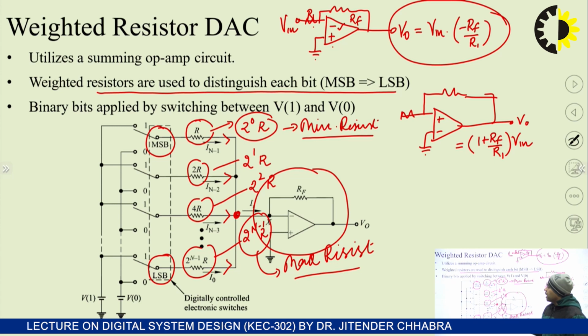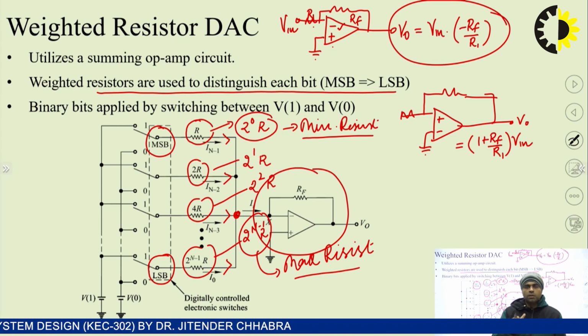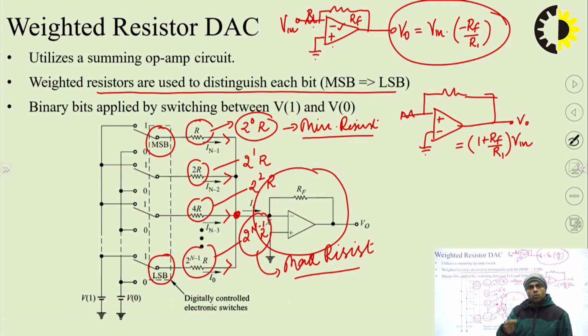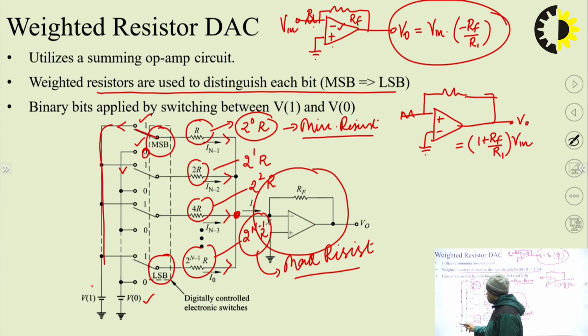So this is not a static resistance R1 in all the cases. This R1 changes its value as R, 2R, 4R, 8R, 16R and so on. These terminals are getting connected either to 1 or 0. For 0, this is connected to V0, the voltage corresponding to binary 0, and this is connected to V1, the voltage corresponding to binary 1.